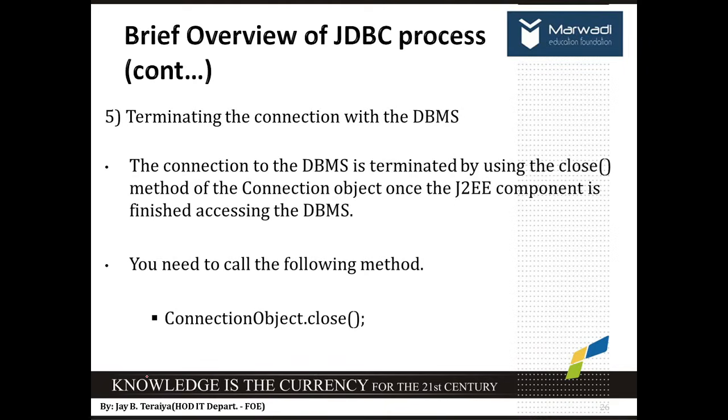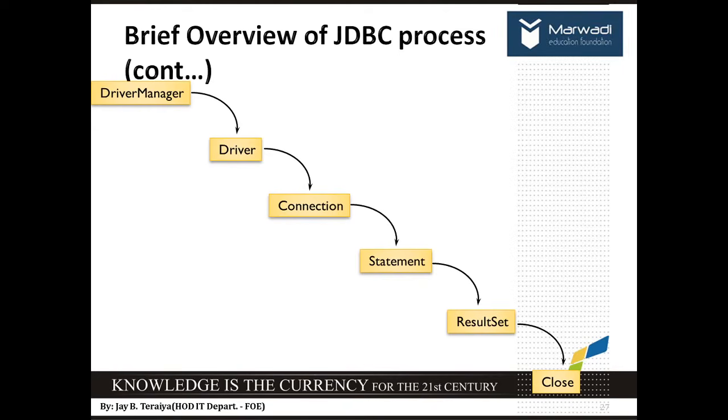Now step 5 is very simple: you are going to close the connection. If you look at the code that we have developed previously, this is the entire diagram, and our entire chapter is focused on this.